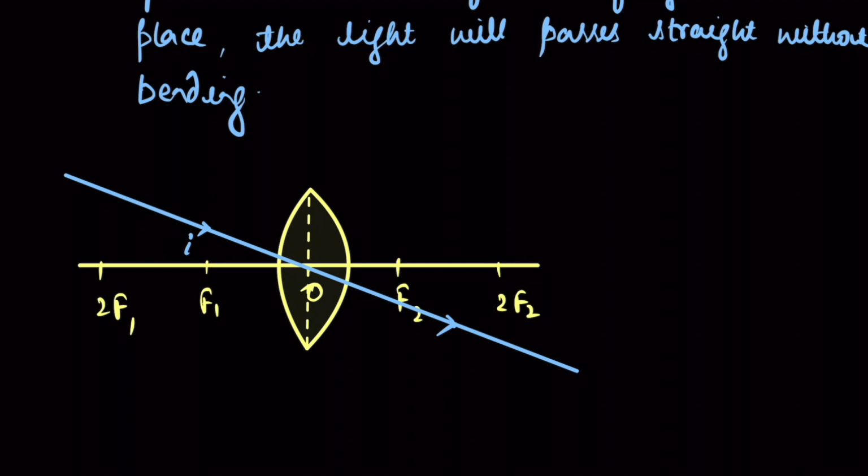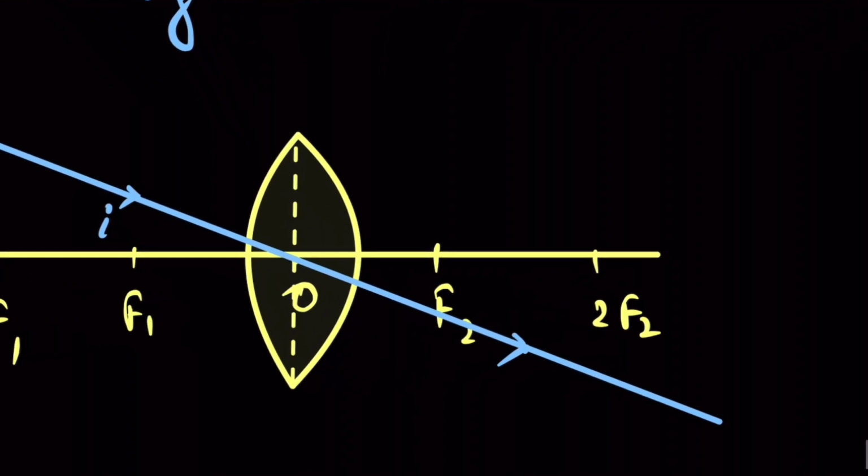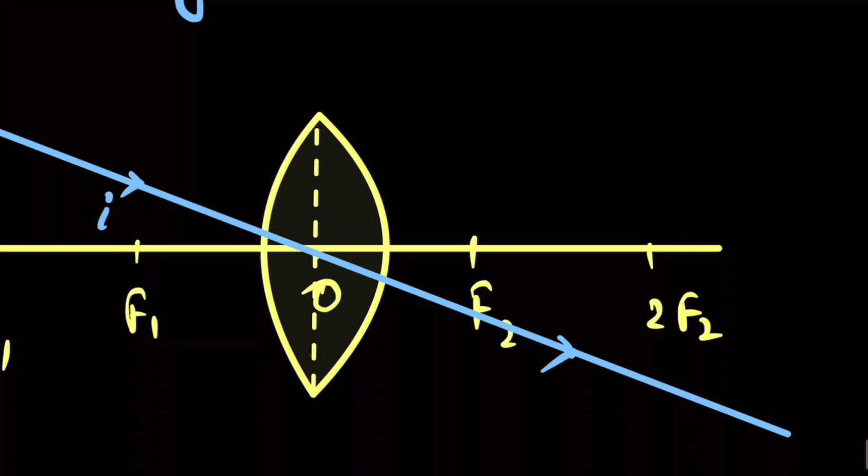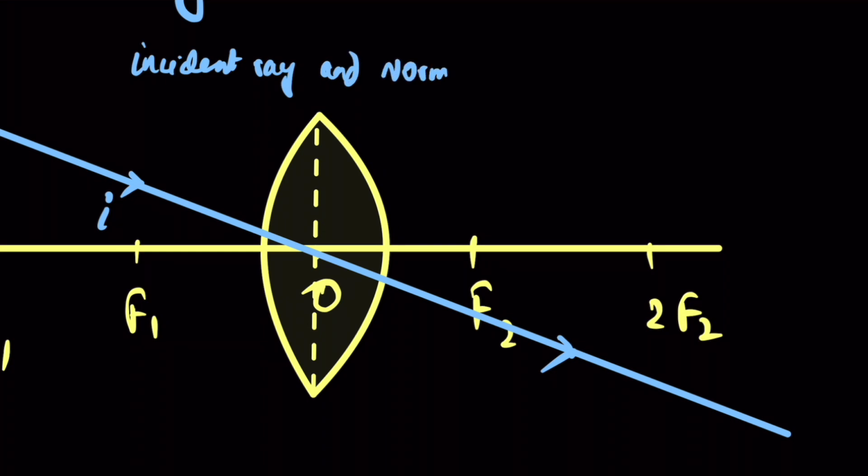So why does it happen? If I zoom in, what do you notice in this region? This is the incident ray and this is the surface. If we try to make a normal on this surface, the normal and the incident ray both lie on the same path. So the incident ray and normal both coincide.